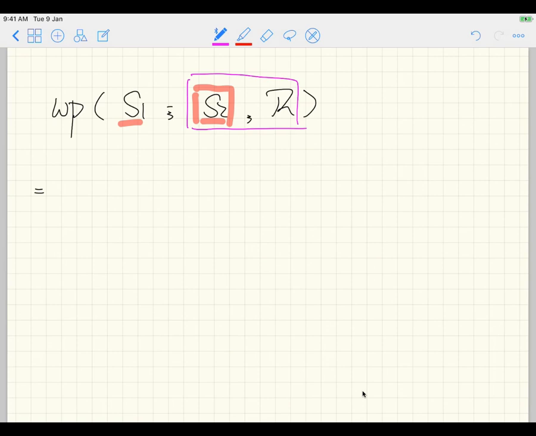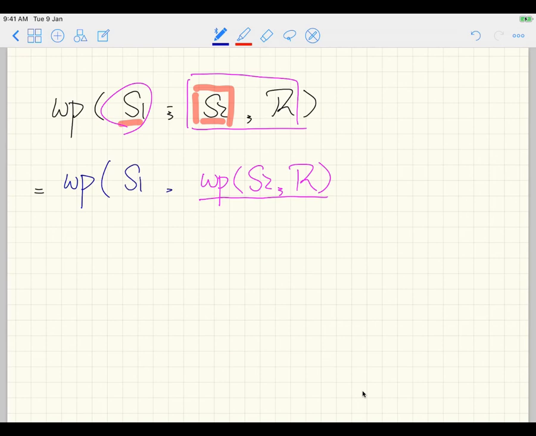That means I can calculate WP for S2 alone to establish R. Just that. So far so good. And then this WP can be treated as the postcondition for S1. So I can see what would be the weakest precondition for S1 to establish this.